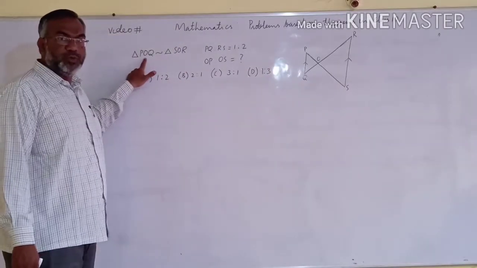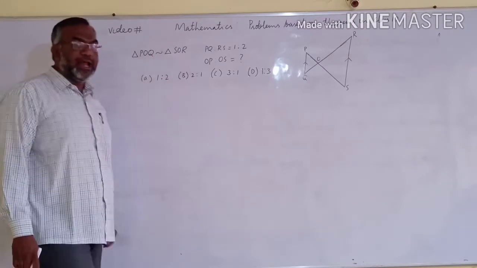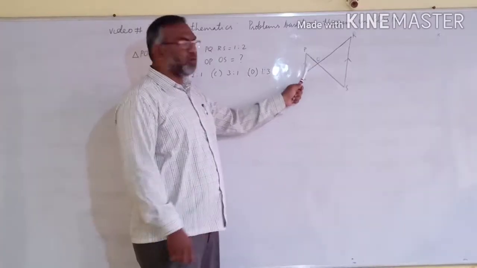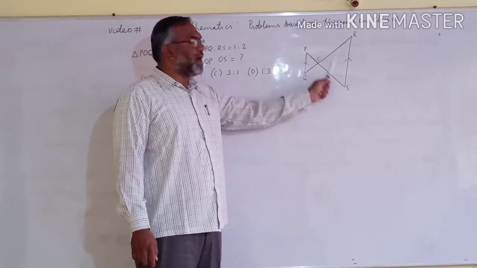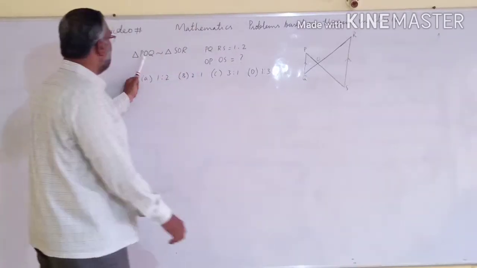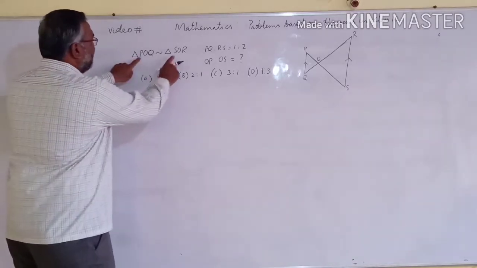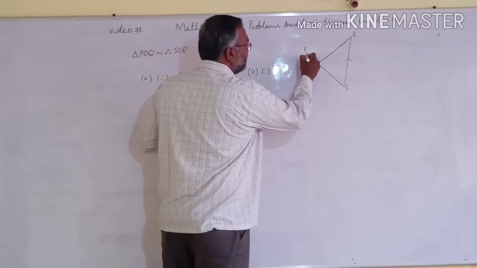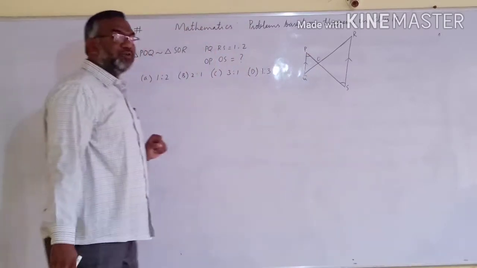triangle POQ is similar to triangle SOR. It means P and S are corresponding vertices.